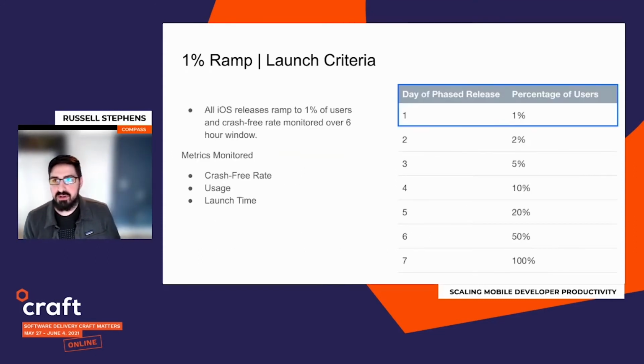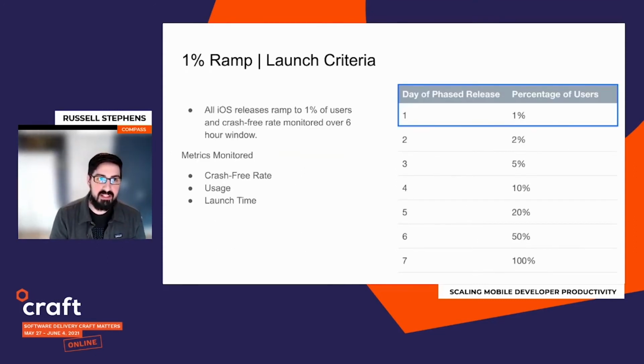The next thing we started leveraging within the manual release is the 1% ramp that Apple gives you. They'll give you a 7-day ramp that you can opt into, and at any point in time you can ramp it to 100%. So for 1 day, we ramp the app to just 1% of our users, and all of the testing that we do beforehand, we run through some of the same checks in production at scale.